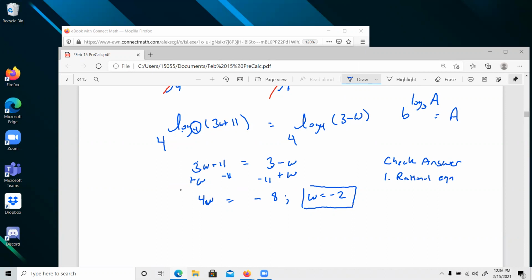You had to check your answer because one of the sneaky things to do would be to give you an equation with x minus a in the denominator, and the answer turns out to be a. If the answer is a, that's not really a solution because you end up with a 0 in your denominator, and the whole equation is nonsense. Can't happen.